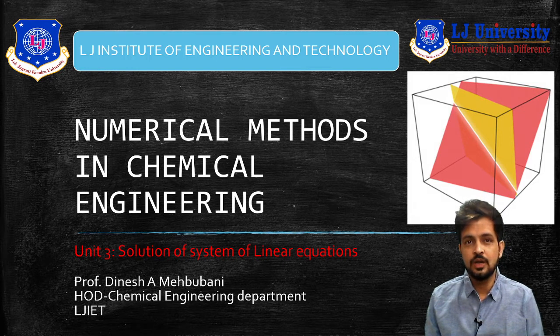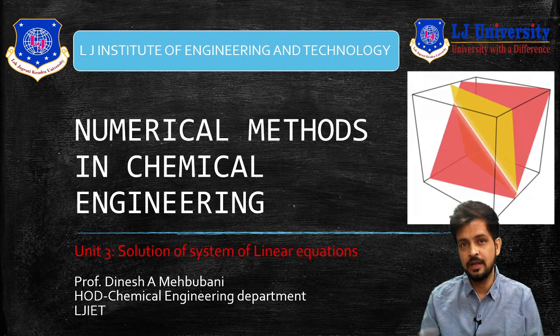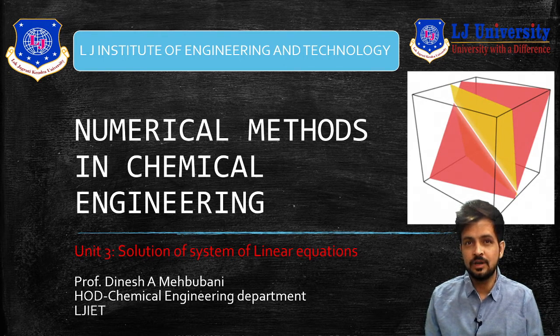What are we doing in the Gauss elimination method? First of all, we have to write the augmented matrix. After writing the augmented matrix, we have to convert it into upper triangular form. Now, what is upper triangular form? In upper triangular form, the three elements below the diagonal are 0. After converting into upper triangular form, we have to use back substitution.